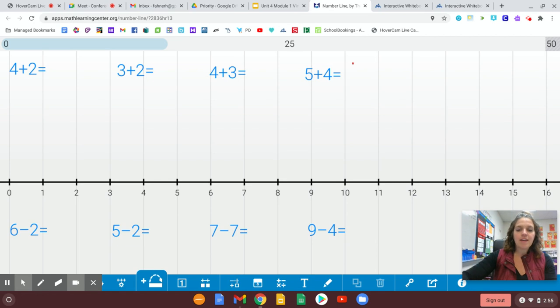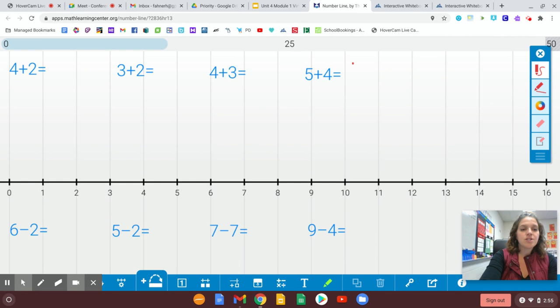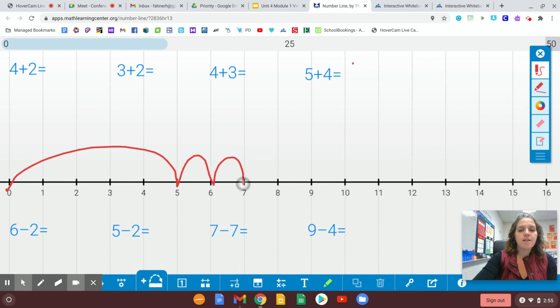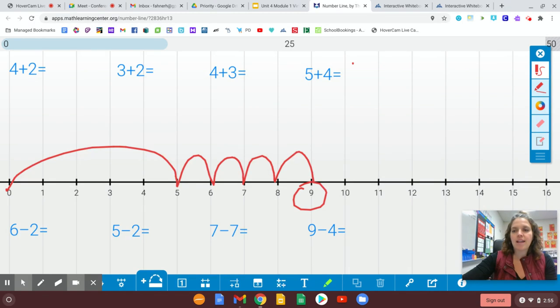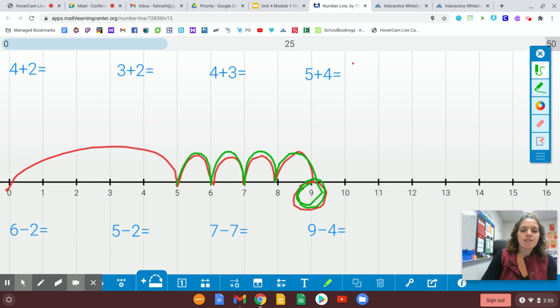All right, so if we did 5 plus 4, you can either start at 0 and jump to the 5, and then jump 4 more, and you get the answer of 9. 5 plus 4 equals 9. And for our subtraction problem, we're going to start at 9, and we're going to jump backwards 4. 1, 2, 3, 4. And so our answer would be 5. How many of you got those correct? Excellent.